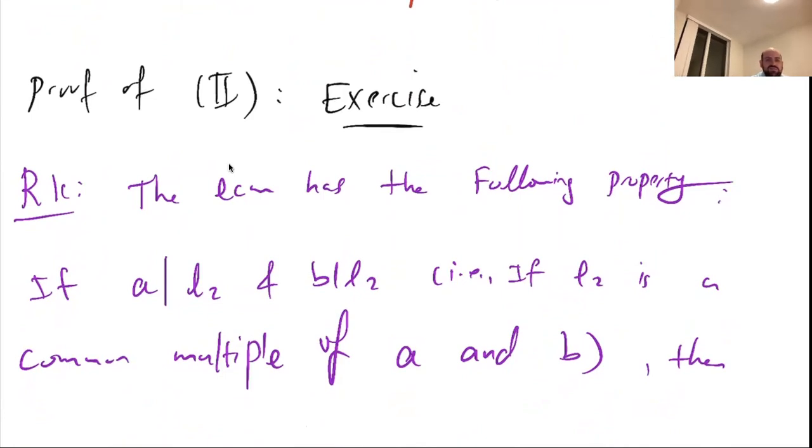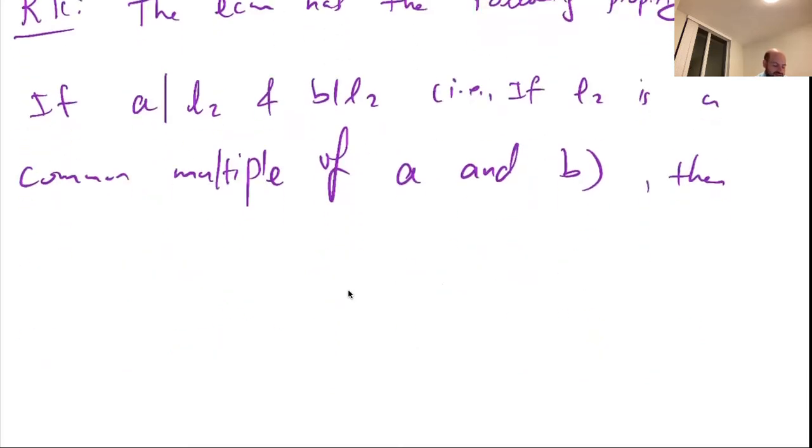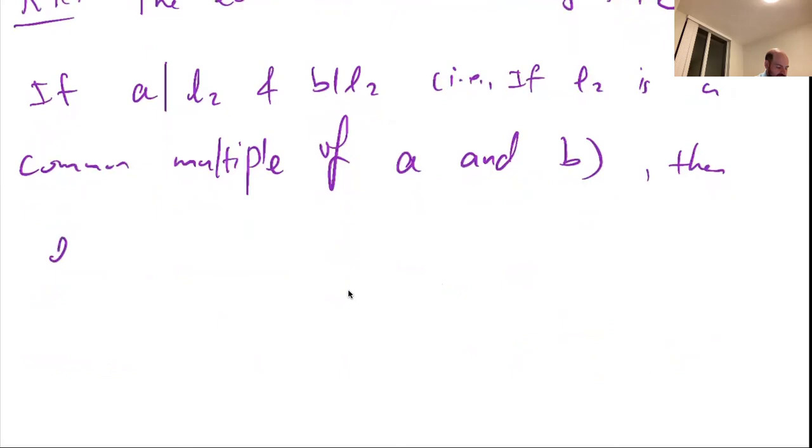A common multiple of A and B means A divides L2 and B divides L2. Then what can I say? Then L, the least common multiple, will divide L2.